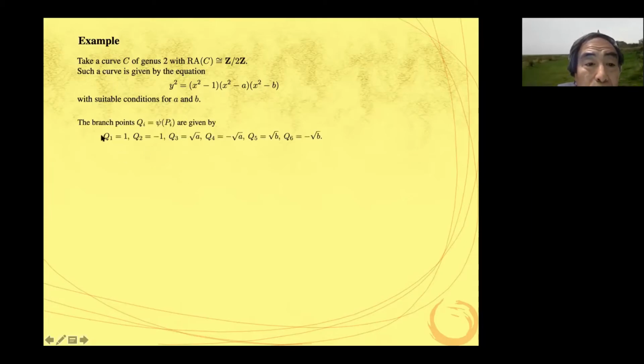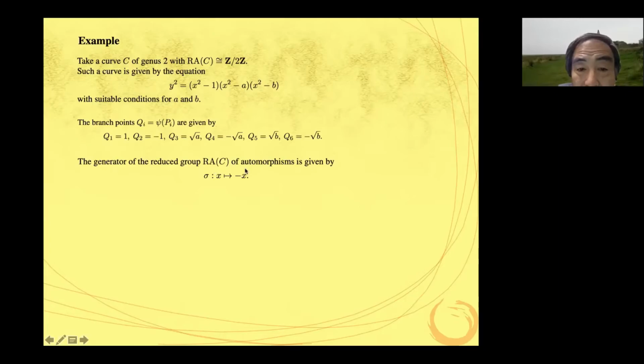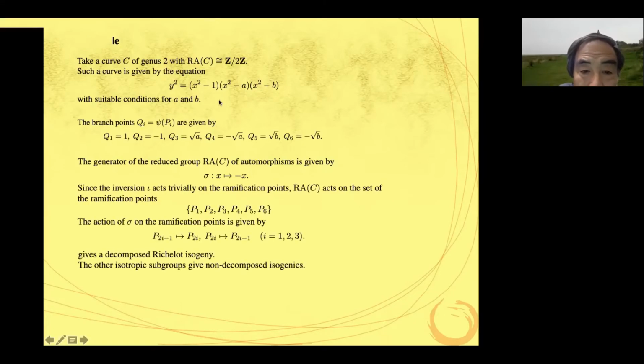And we denote the branch points by Q_i. Then the generator of the reduced automorphism group is given by like this, sigma. And sigma acts on this space, and this acts on the ramification points like this, exchanging this, this, and this.